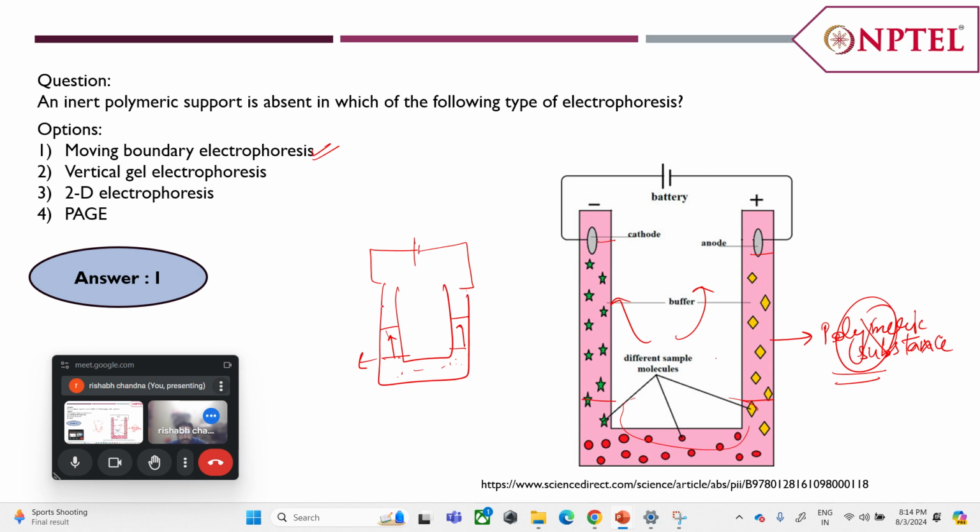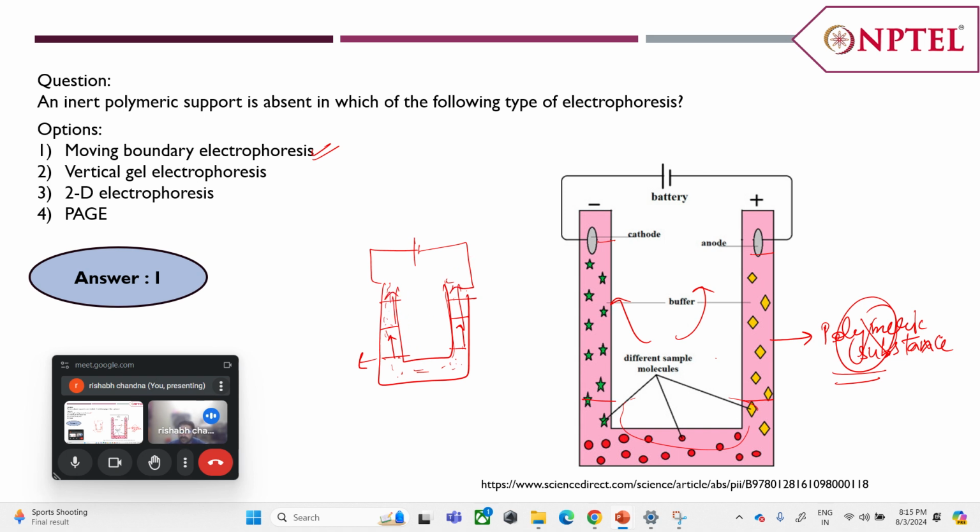Okay, with them. So now the boundary will go up, and the next time the boundary will go up. That is why its name is moving boundary electrophoresis, because as the molecules migrate, the boundary will go up and this would reach the respective electrodes. Okay, so this is the explanation.